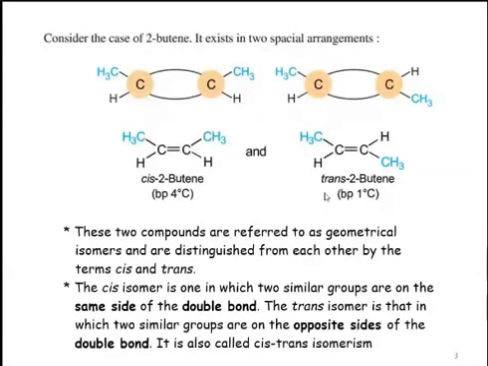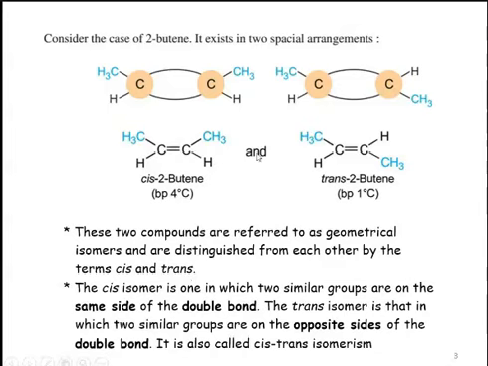Okay, so we can say the two compounds here are referred to as cis-trans isomers, or the geometrical isomers of 2-butene. And how are they distinguished? They are distinguished from each other by the terms cis and trans.